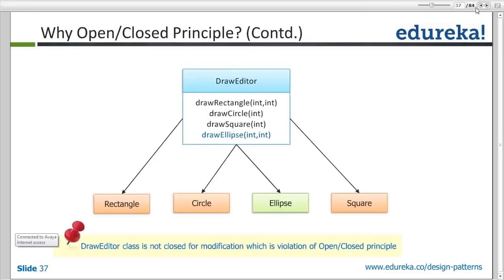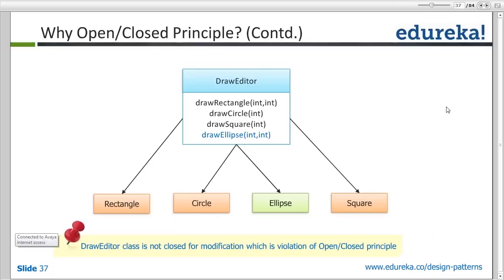Now let's say you wanted to add another behavior to it called draw ellipse, and it will draw this ellipse here, and you have to then go and change this draw editor to introduce this particular drawing method.